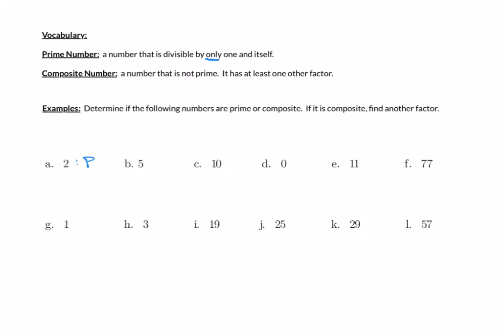Anything else that is even is going to be composite because it will be divisible by 2. 5. 5 is a prime number. It is only divisible by 1 and 5. 10 is composite. It is divisible also by 2 or 5.